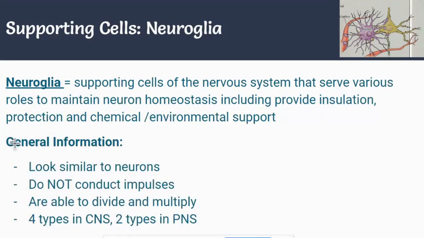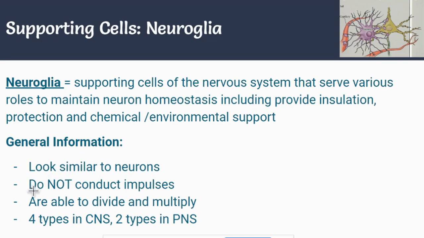All right, so now the glial neuroglia. Remember the supporting cells of the nervous system. They're like the little helpers of the neurons. They maintain neuron homeostasis. They're always taking care of the neurons. So general information, they look similar to neurons, I guess.